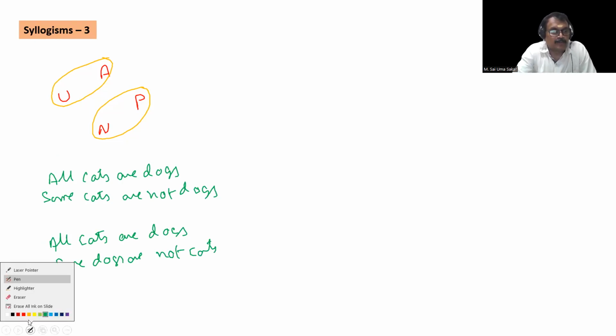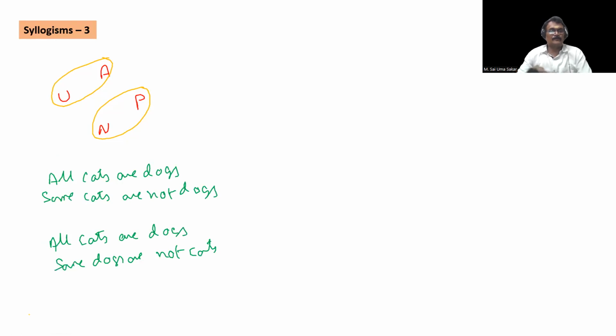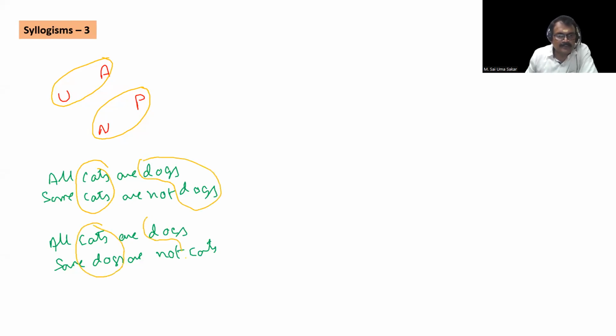Now, here the first conclusion is universal affirmative, the other conclusion is particular negative, and you must remember subject and predicate, these 2 terms are common. Here cats and cats, here dogs and dogs. But what about this case? Cats and dogs. And what about this case?